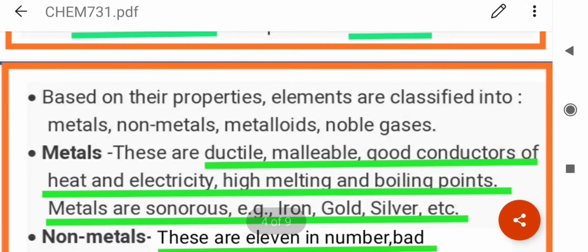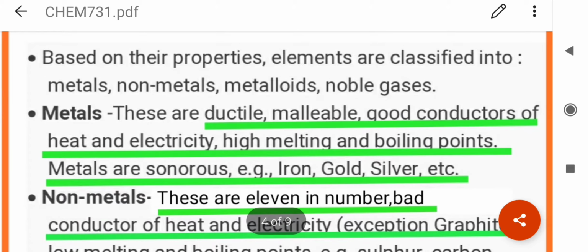Now, based on their properties, elements are classified into metals, which are ductile, that means can be drawn into thin wires, malleable, can be drawn into thin sheets, good conductors of heat and electricity, with high melting and boiling points. They are sonorous, they produce a sound when struck.